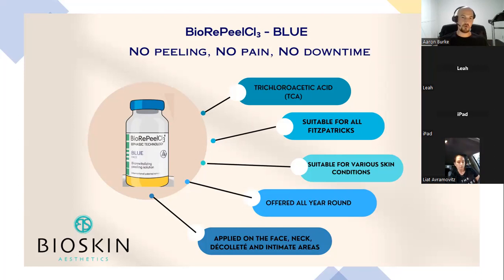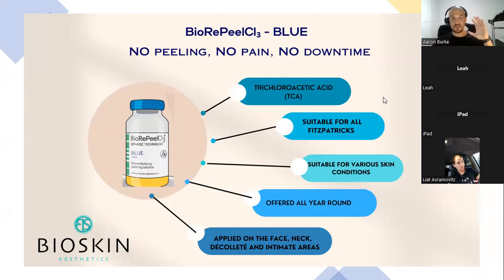And so, there's a whole segment of the world that would never think to get a VI peel or something of that nature, because of the downsides of that, that are actively using BioRePeel product and have driven the success of the product in a broader sense in the marketplace, because it really speaks to an audience that some of these other products just really don't speak to.